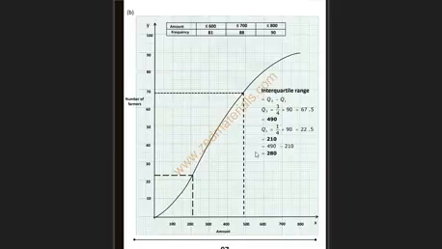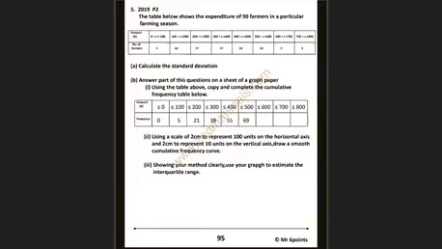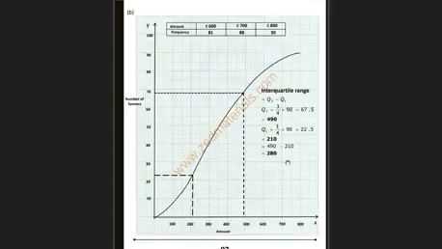The first rule is putting the title of the graph itself. So this graph is saying draw a smooth cumulative frequency curve. So the name of this graph on top here, which they haven't done, is for you to write the cumulative frequency curve there.